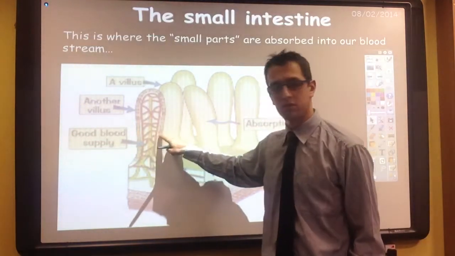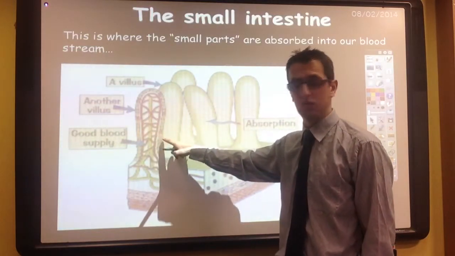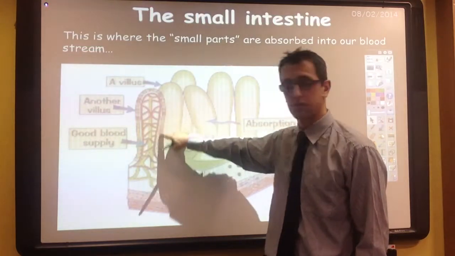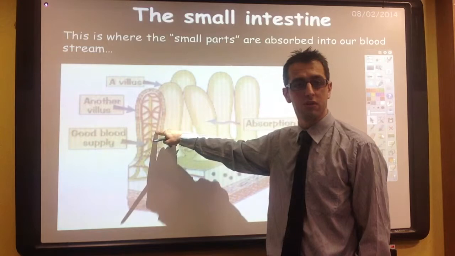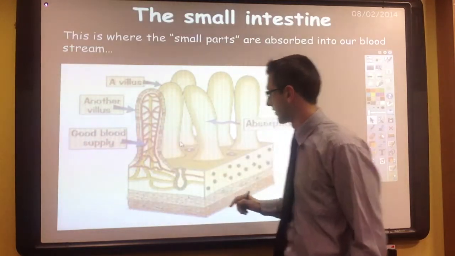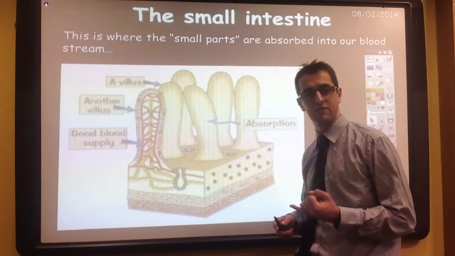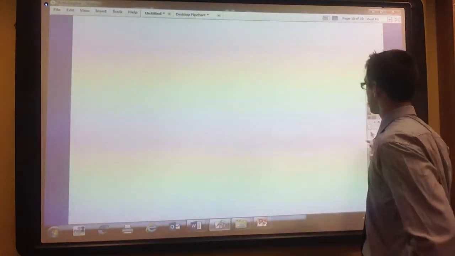The distance that the molecules have to be absorbed across is reduced by only being a couple of cells thickness. One cell thickness on the cell wall of the villus, another cell for the capillary wall directly. So it's the same principles for exchange. Large surface area for each of these.